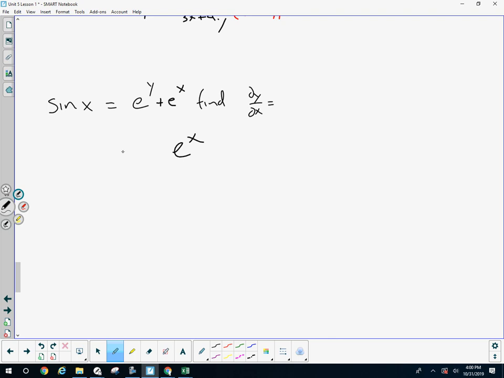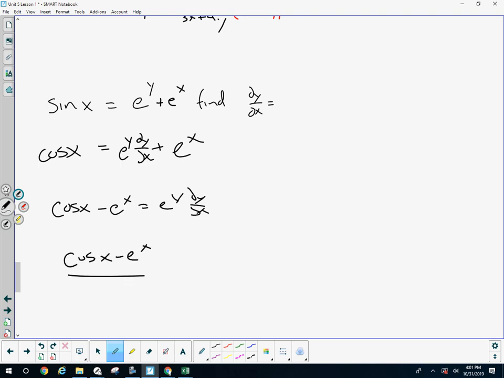Good. dy/dx. So it's not e to the dy/dx, it's e to the y times dy/dx. You get the cos x, you subtract the e to the x, equals e to the y dy/dx, divided by the e to the y. You get cos x minus e to the x over e to the y.